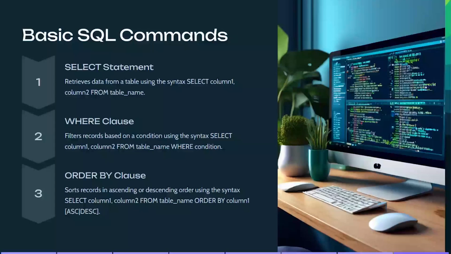A condition is given to your search, and once the condition is met, it gives you what you're looking for. And then order by. This is another factor that you can relate to the Excel sort. So after filtering we can also sort. We can say from top to bottom, or from bottom to top, and that is what order by is for, and we will be seeing that in a bit.